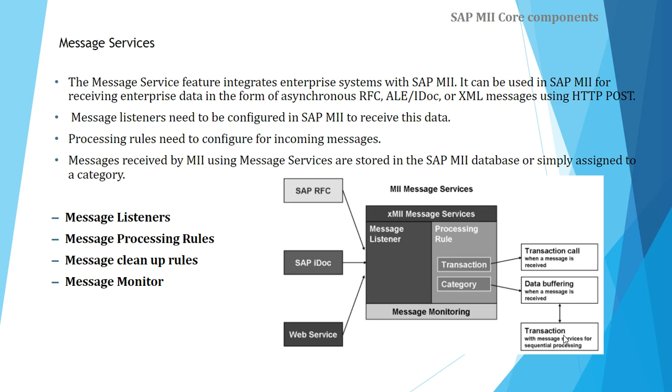Later you can create a scheduler, read that buffered data and process it. So it depends on the requirements, whether real-time processing is needed or the messages can be categorized for later processing.